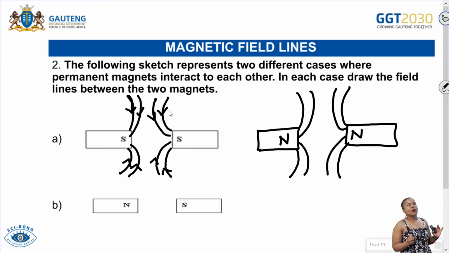So they are moving away from north, because they're always moving from north to what? To south. So your arrows will be showing an outward movement, not an inward movement. Okay, so that's how it would look like.